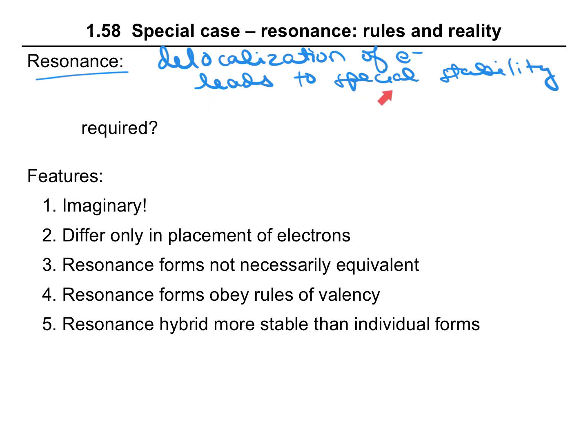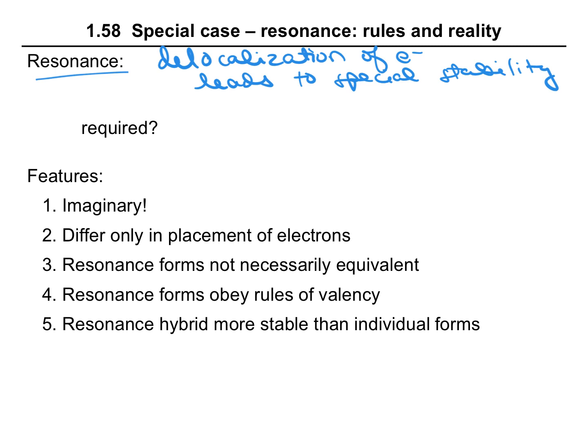And we can think about this special stability because the electrons are attracted to more nuclei. And whenever you have a charge, that charge is going to be spread out. And if you have the option of a concentrated charge or a charge that's spread out, then the molecule will be much more stable with that charge spread out.